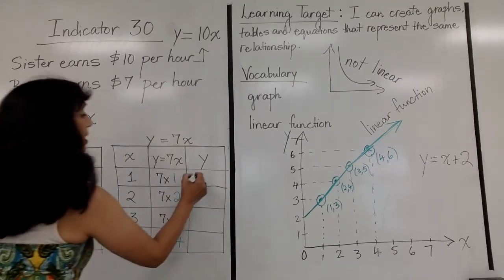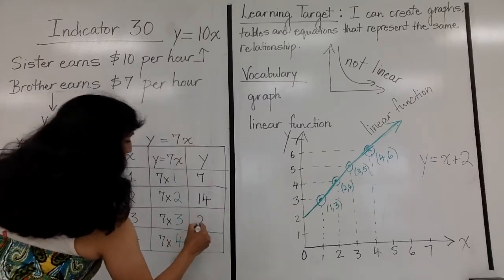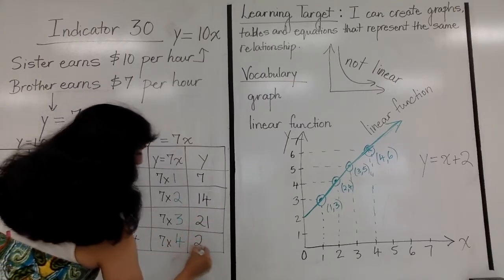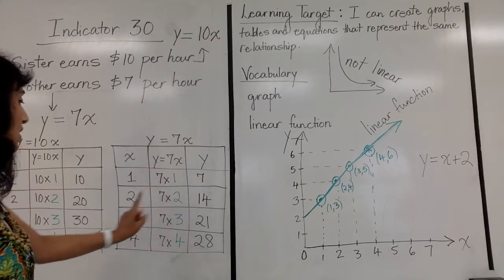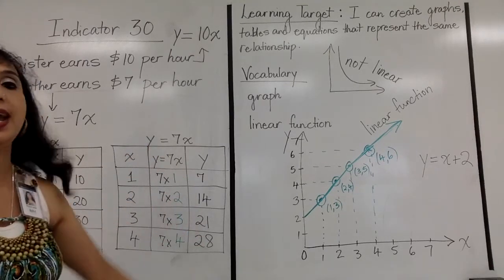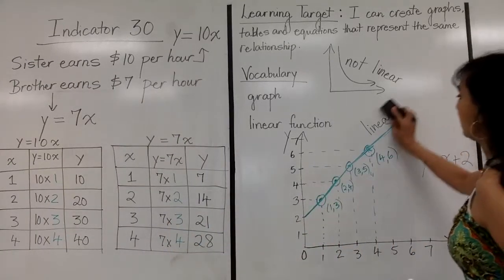And I have 7 times 1, 7 times 2, 14, times 3, 21, times 4, 28. So these are my coordinates, my ordered pairs for this function: 1, 7, 2, 14, 3, 21, 4, 28.